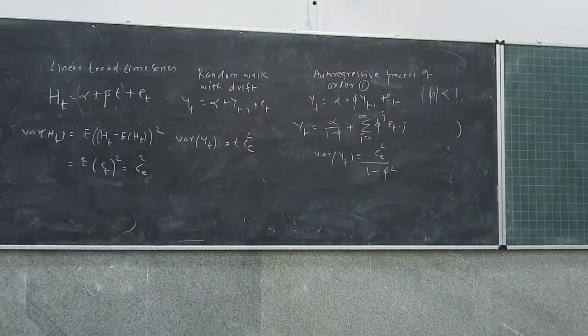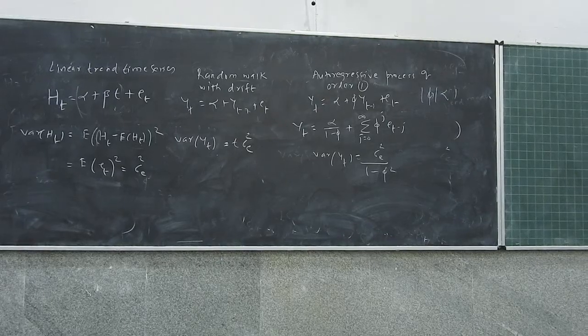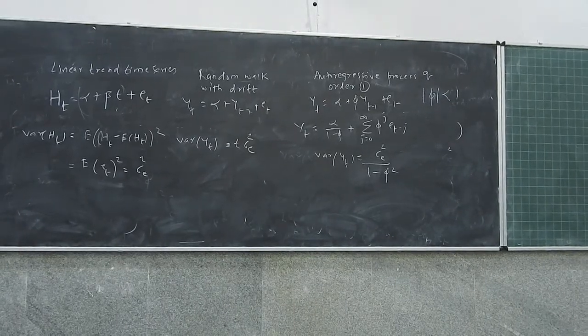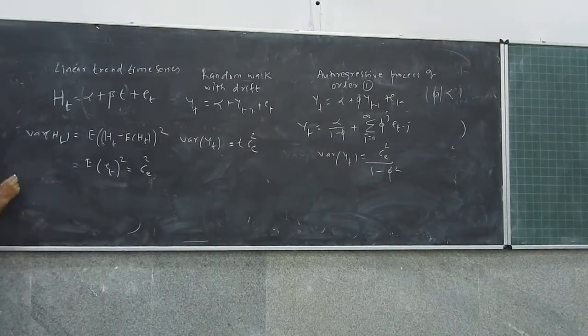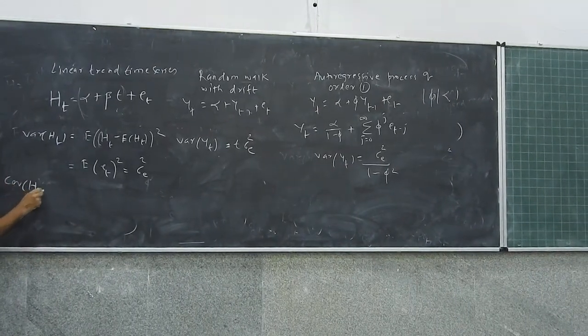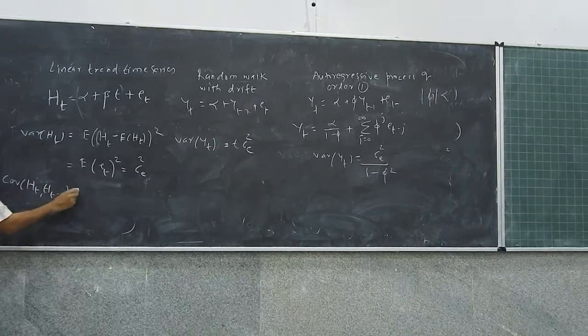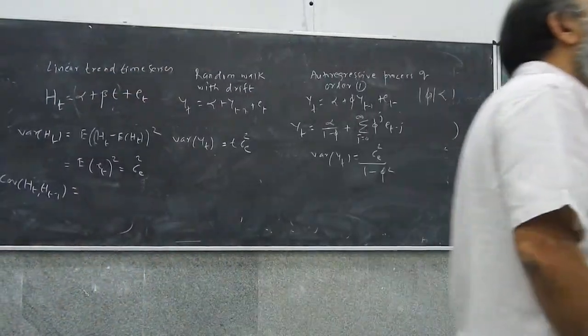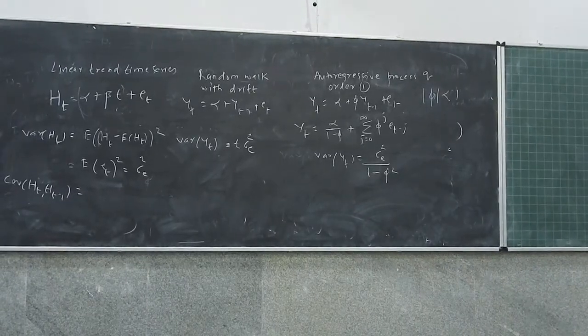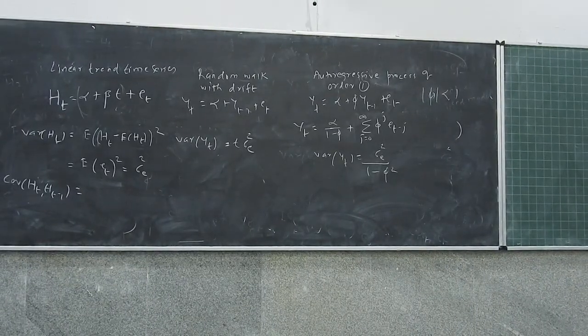Right? So the last thing that we will look at is covariance between yt and yt minus 1, yt and yt minus 2, etc. So the question that you have to solve for me is, what is the covariance between ht and ht minus 1?